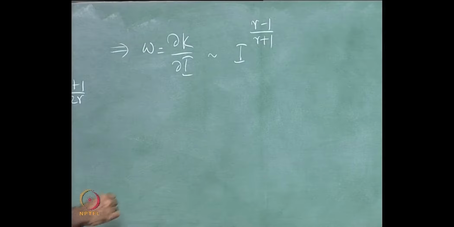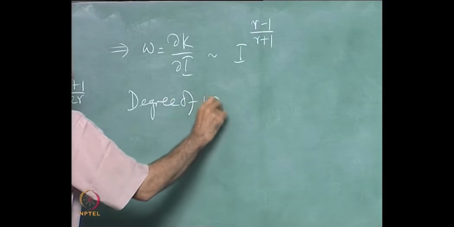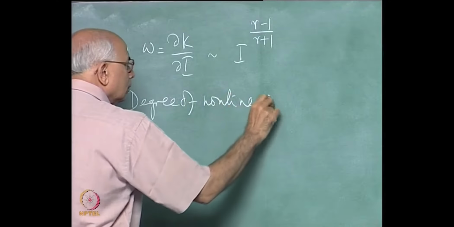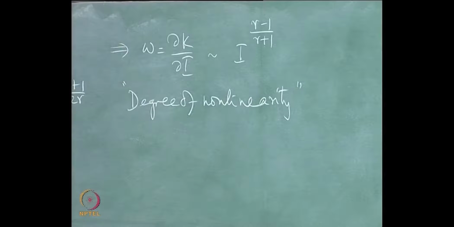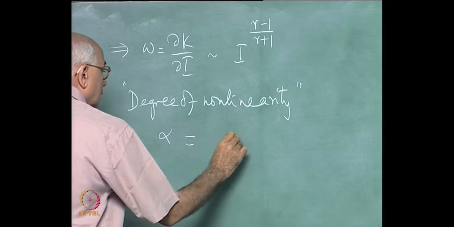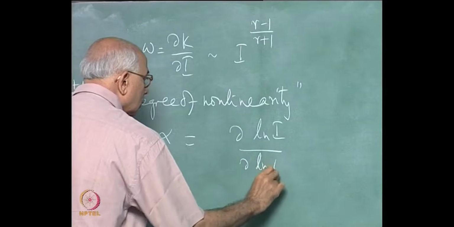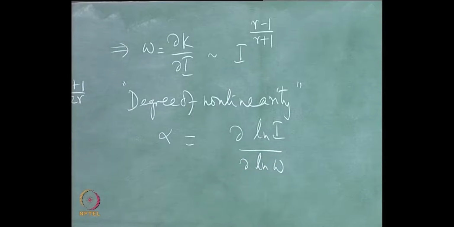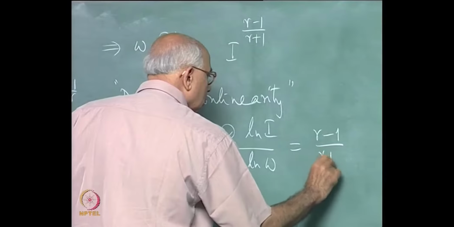If you therefore define a degree of nonlinearity alpha, say, and that is defined as delta log I over delta log omega, then this is equal to r minus 1 over r plus 1.